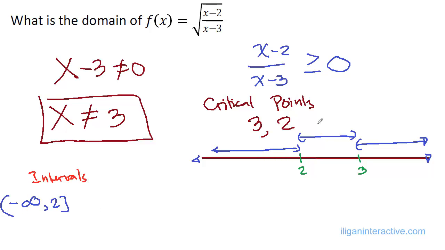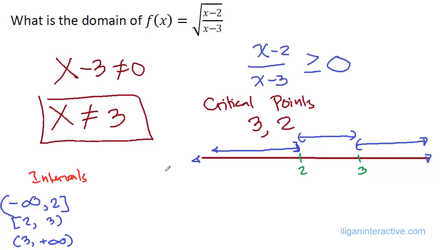So it must be a square bracket at 2, and then we also have the other interval, 2 to 3, with an open bracket at 3, and lastly our interval will be open bracket 3 to positive infinity.